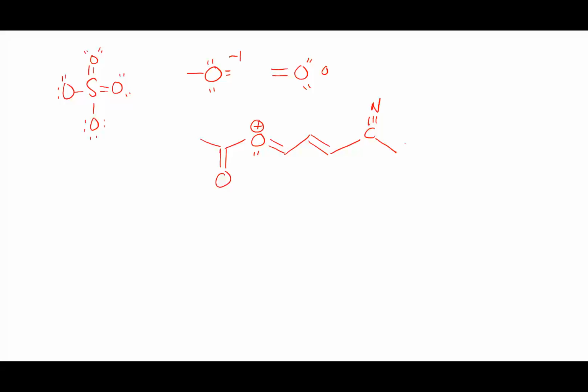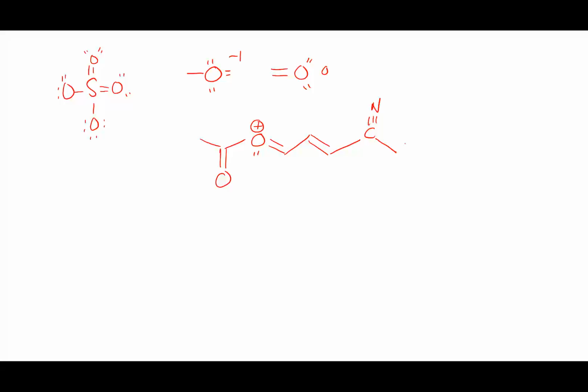In terms of potential pattern recognition here, it really isn't pattern recognition, it's understanding the fundamentals of how we draw resonance structures and how we move arrows. You do a number of problems and you learn this.